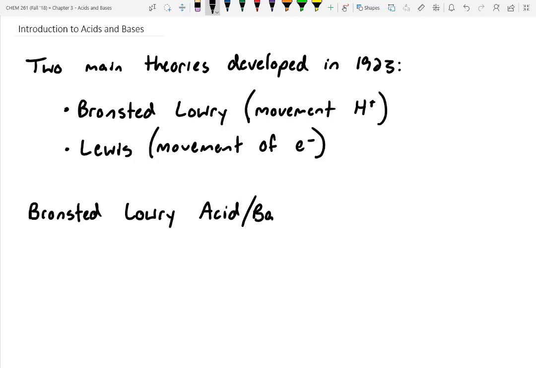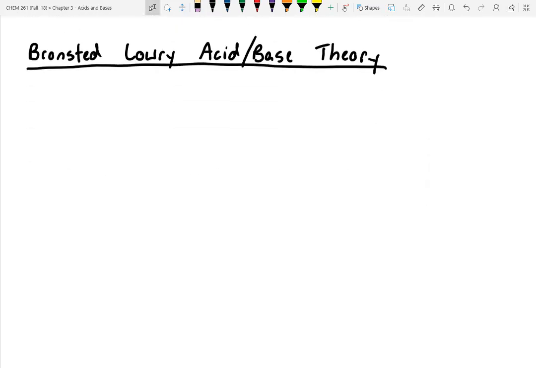And this might be review for a lot of you, but I figured it'd be good to have a refresher. So let's go ahead and define this in a bit more detail. In Bronsted-Lowry's definition, does an acid donate or accept protons? Donates. Do you have a question back there? Yep. So, is there a big difference between the protons moving and the electrons moving?